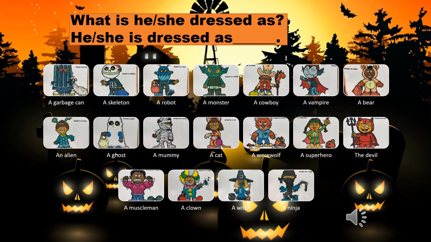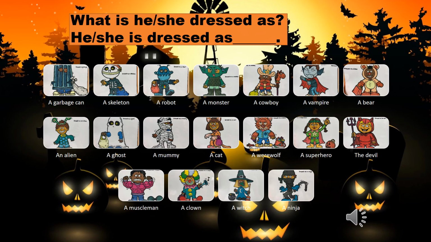That is kinniku man. Next, it's a she. What is she dressed as? She is dressed as a clown. Next is a she. What is she dressed as? She is dressed as a witch. And last is a he. What is he dressed as? He is dressed as a ninja.